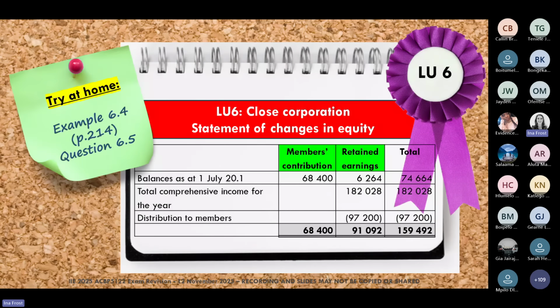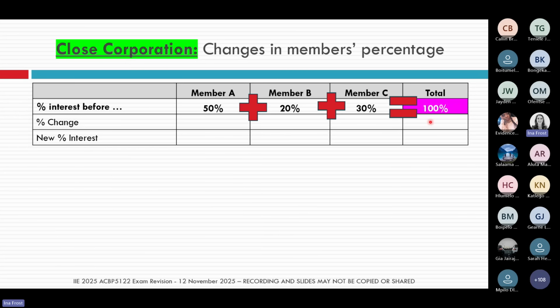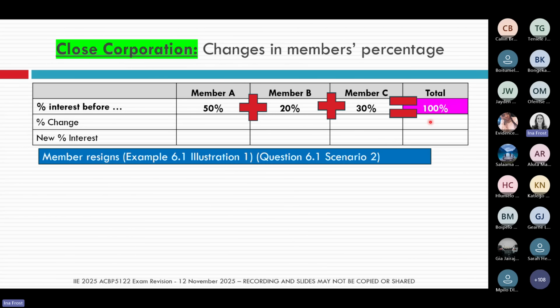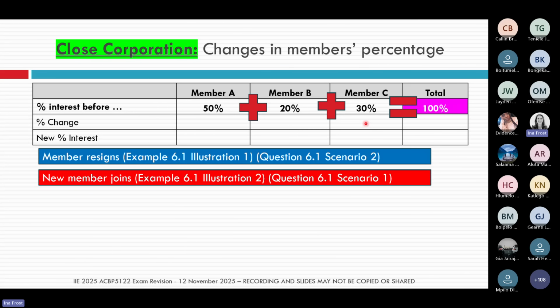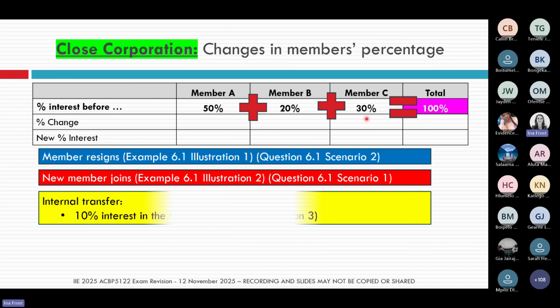Now, in closed corporations, the types of questions we can ask you are questions where we play around a little bit with these percentages. One example could be, what happens if one of my members resigns? How will that impact these percentages? I'll show you some examples in a minute. Or what happens to these percentages if a new member joins the closed corporation?